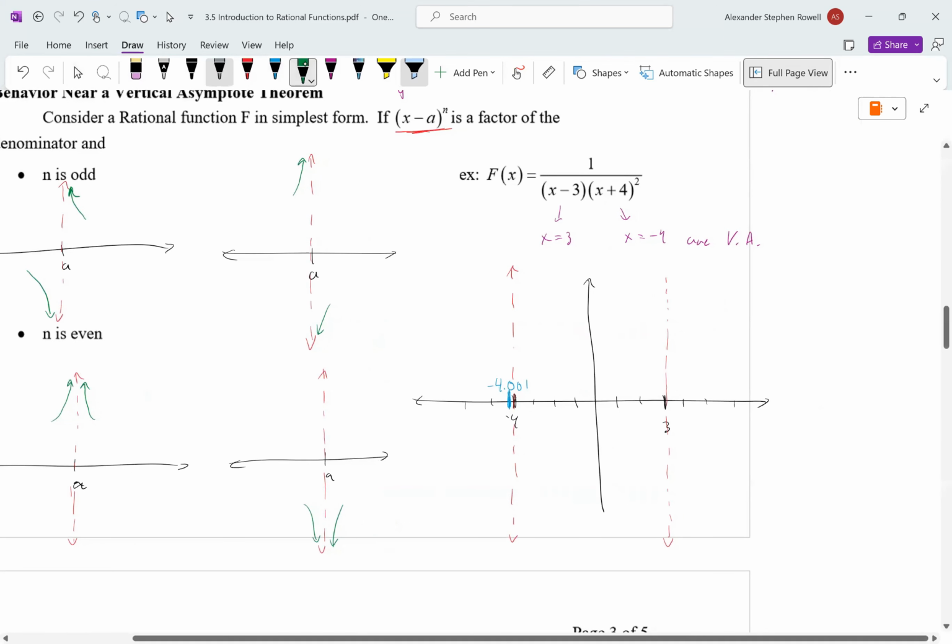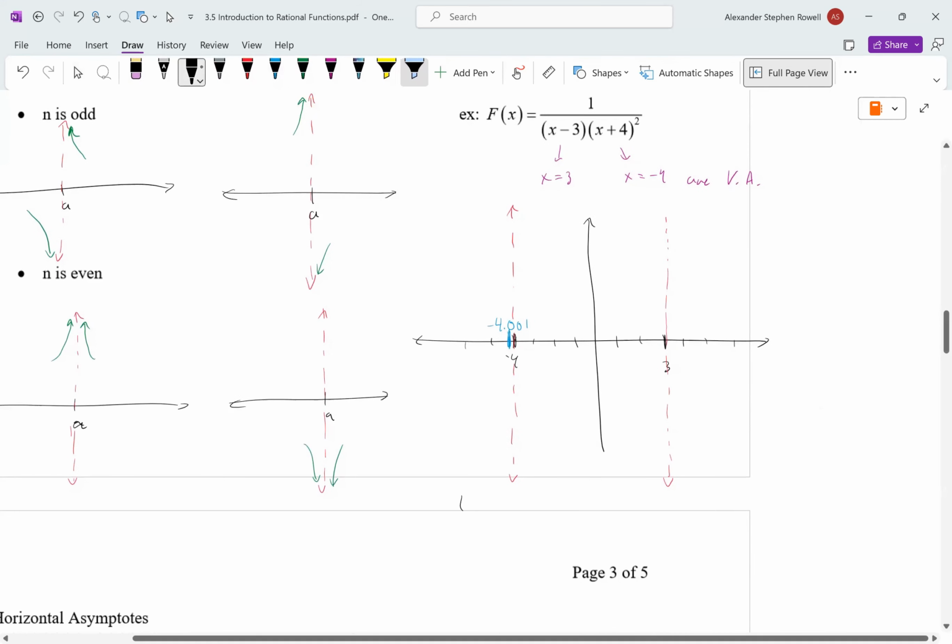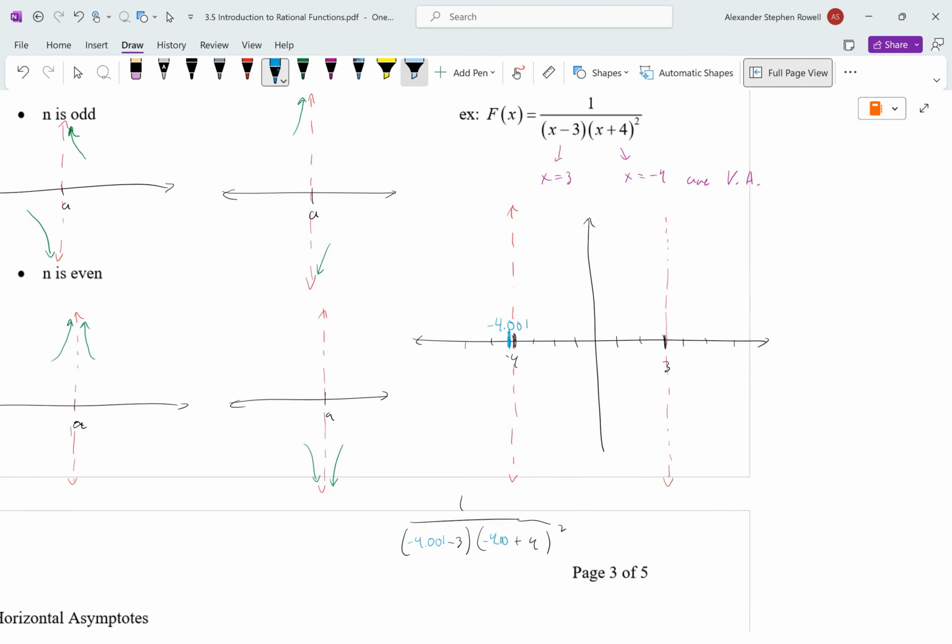So if I plug that into my function, I'd have 1 over that number -3 and that number +4. All I really care about is whether my answer to this is positive or negative, right? Am I going to positive infinity or negative infinity? What do you think?